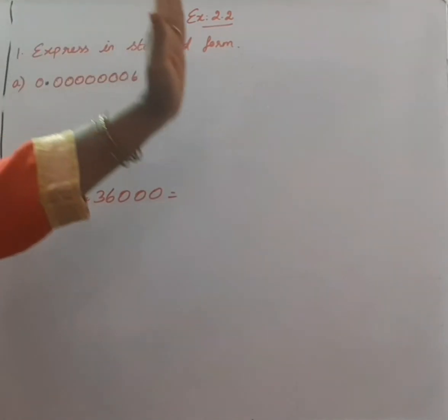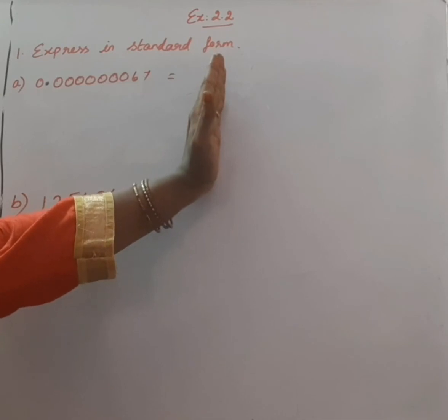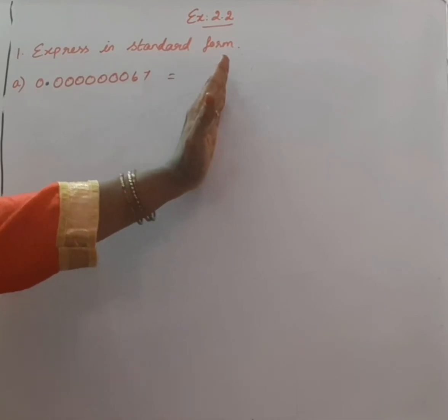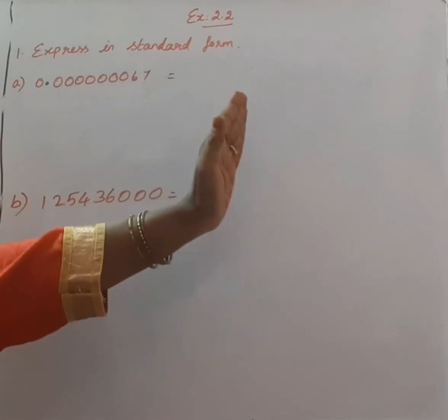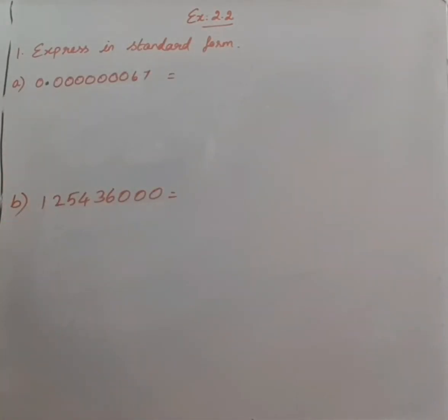The right side of the decimal is called the decimal part. Okay. So again I am repeating, left side is called integral, right side is called decimal.